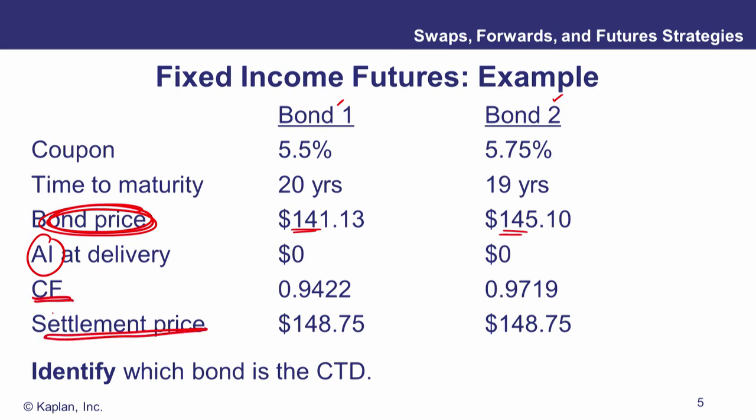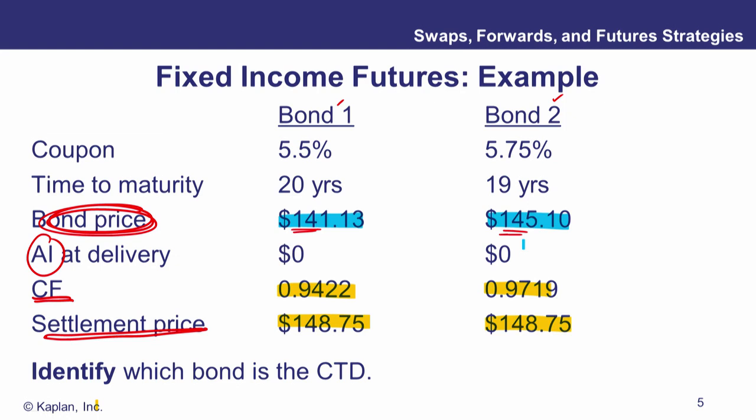So it really becomes an exercise in simply saying for each bond, okay, if I receive in essentially the conversion factor adjusted settlement price for each bond, and I have to pay out the bond's price when I buy it to get it in so I can deliver it out under the futures position, which one gives me the biggest profit or the lowest loss when I do that.